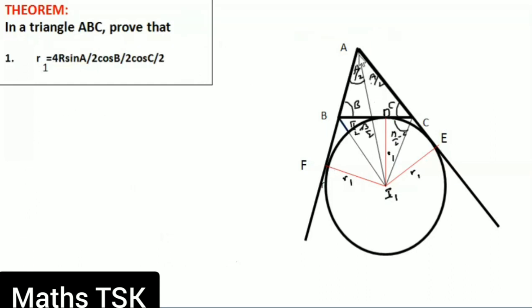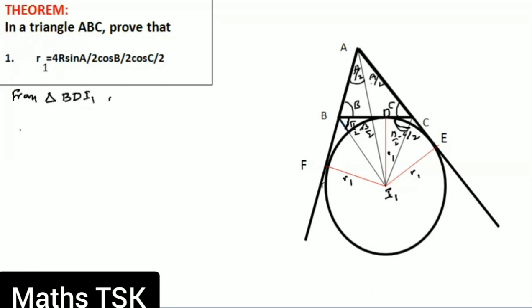R3 is equal to... In this triangle ABC, this is the internal angular bisector. So the angle here is A by 2, here it is B. This angle becomes 180 minus B, totally 180. Here the angle will be 90 minus B by 2, and here it will be 90 minus C by 2. Let us take triangle BDI1.